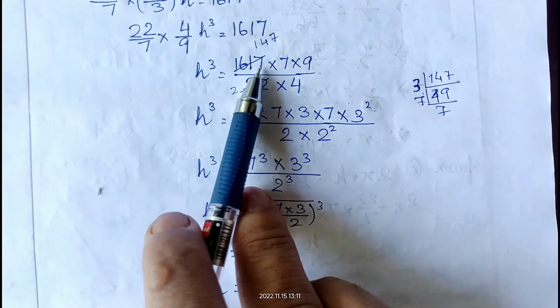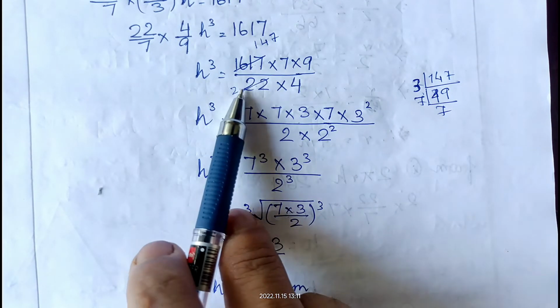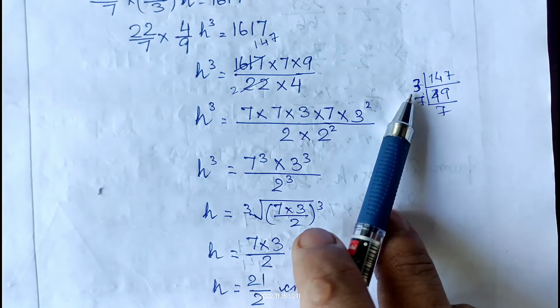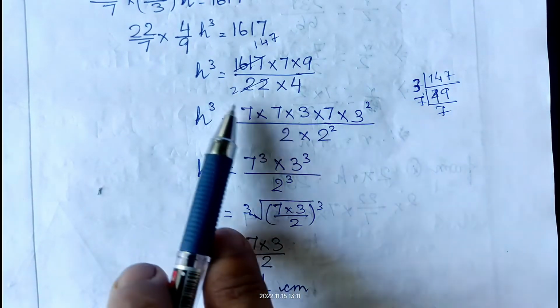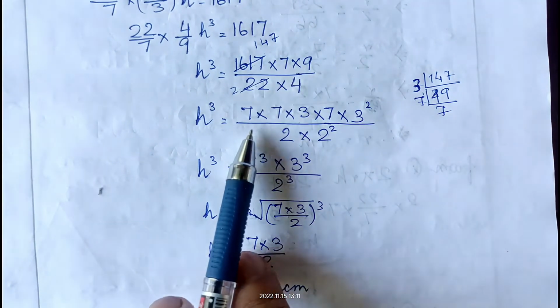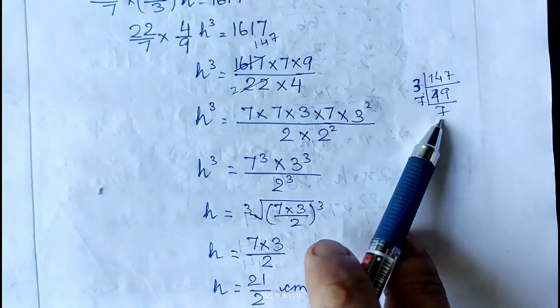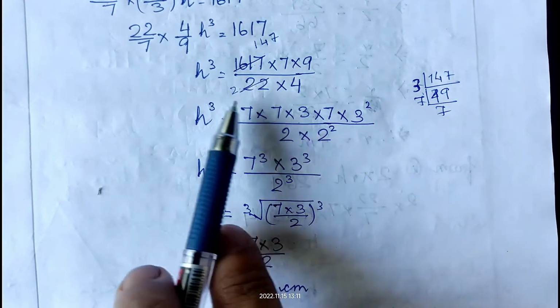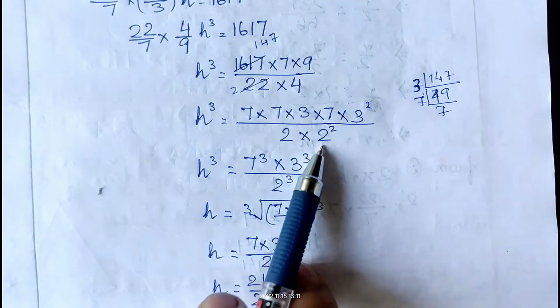If I cancel 1617 and 22 by 11, here it will be 2 and here it will be 147. Now 147 is 3 into 7 into 7. So we can write H cube equals, instead of 147, 7 into 7 into 3, into 7, 9 is 3 square and here 2 into 4 is 2 cube.